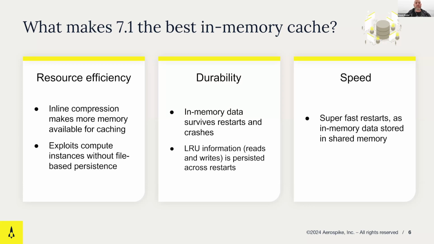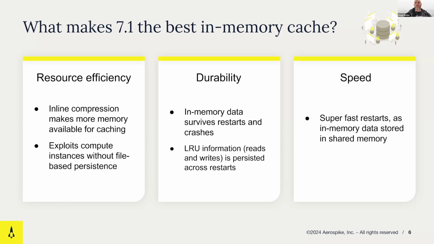So these are all things that Aerospike allows you to do when you're using it, whether it's in-memory database or in-memory cache. Okay, so in terms of surviving restarts, the speed of restart, being able to restart off of a crash, all of these things are super nice.